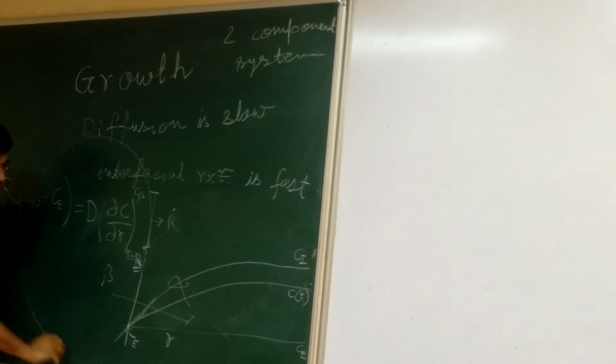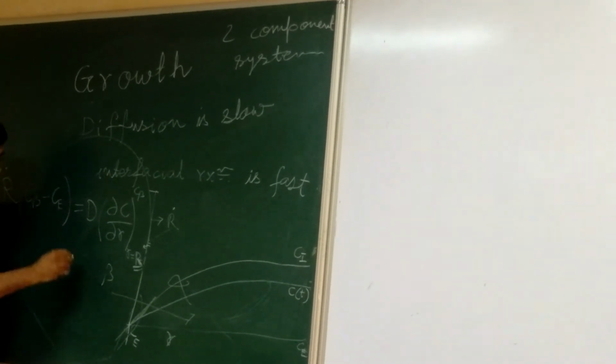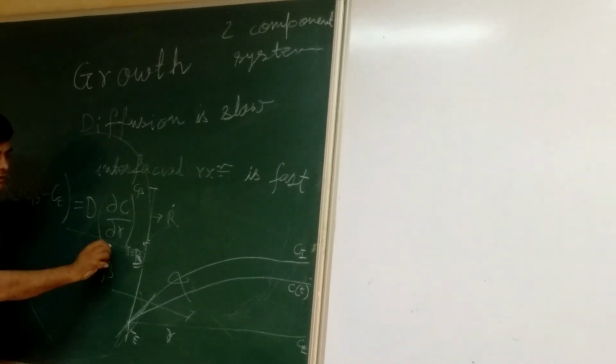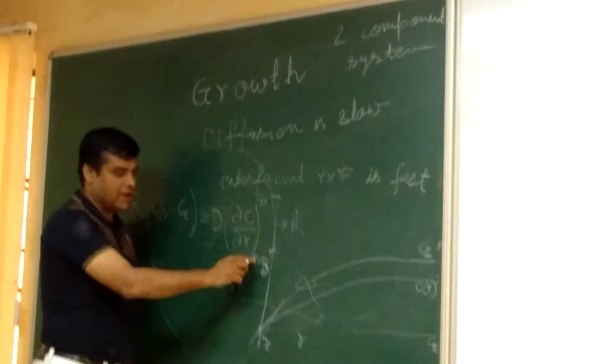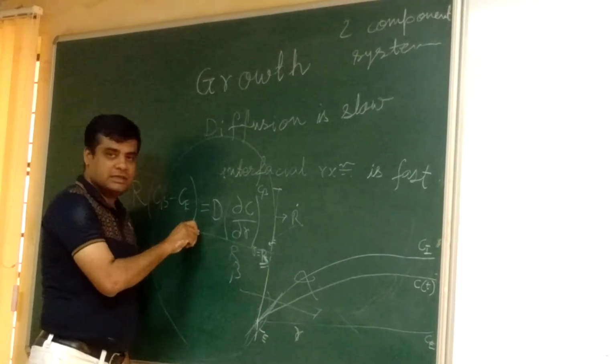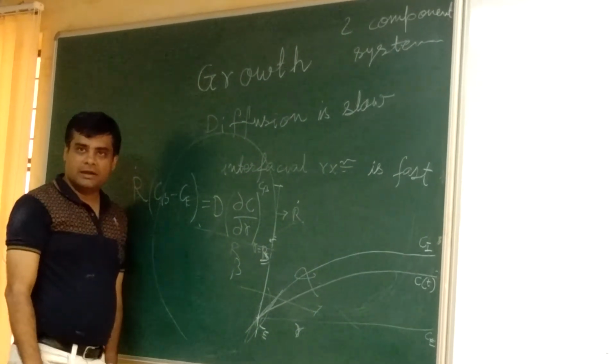So beta is this. So this radius is R. Understood? Your origin starts from here.